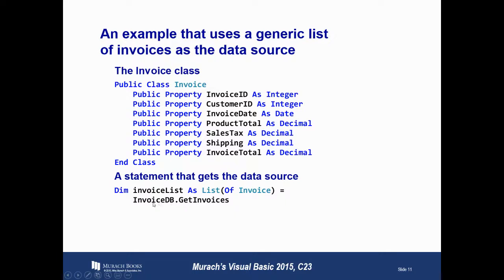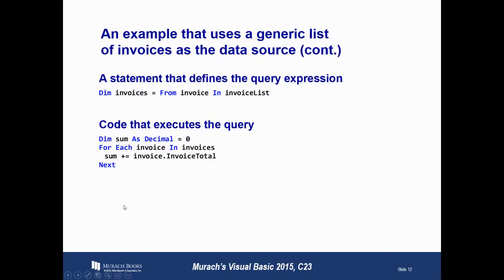And the invoice DB class has a method called getInvoices, which, as you imagine, opens up some sort of database, and it returns the list of invoices. And that's now stored in invoice list. So we can say from invoice in invoice list, put that into this invoices variable. When we loop through those, for each invoice in invoices, sum plus equals invoice.invoice total.